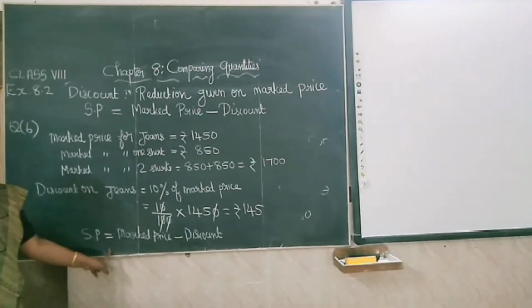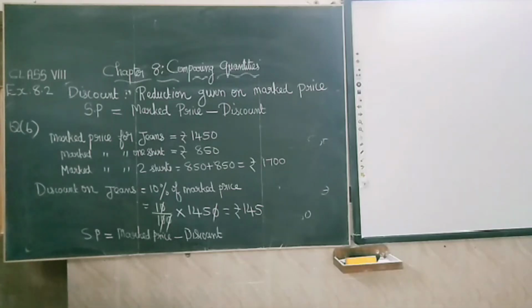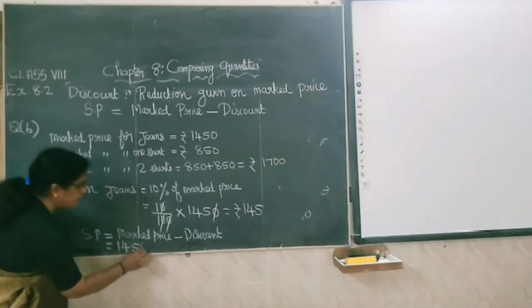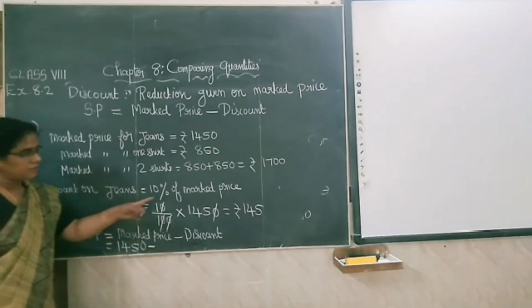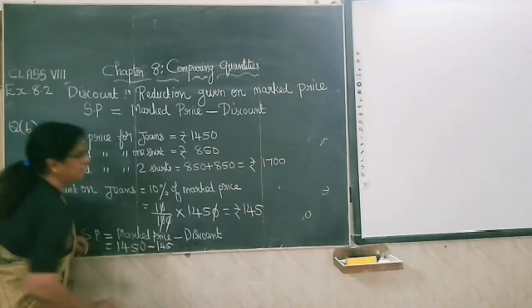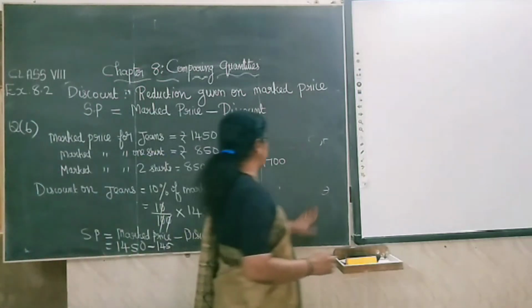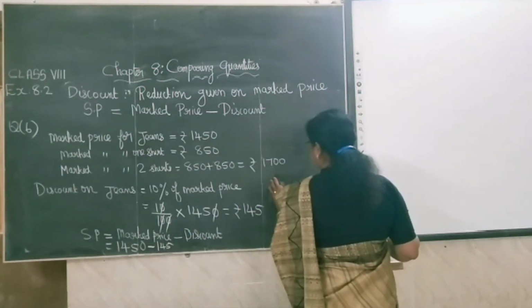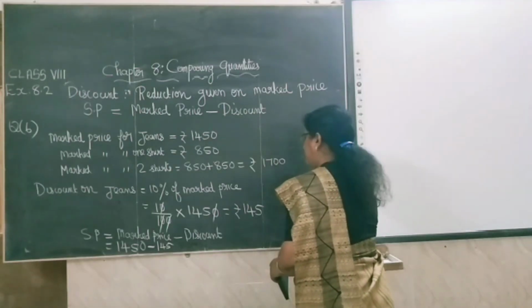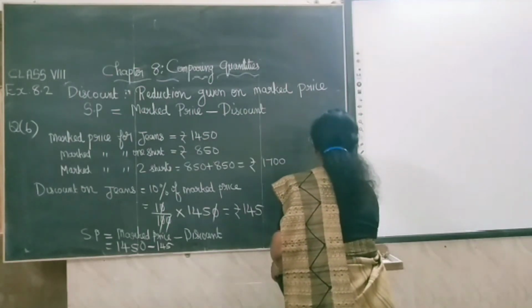So mark price for the jeans is 1,450. Then that amount minus discount is 145. Therefore, first you have to subtract this. That is 1,450 minus 145.